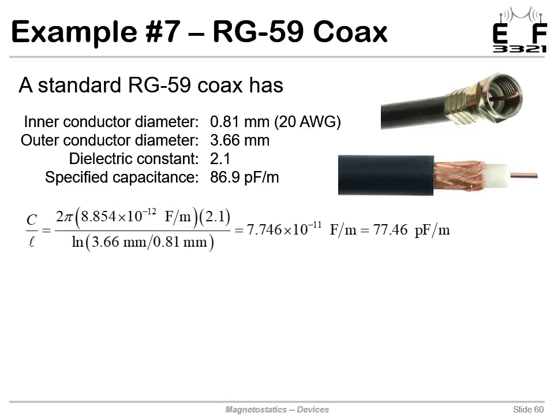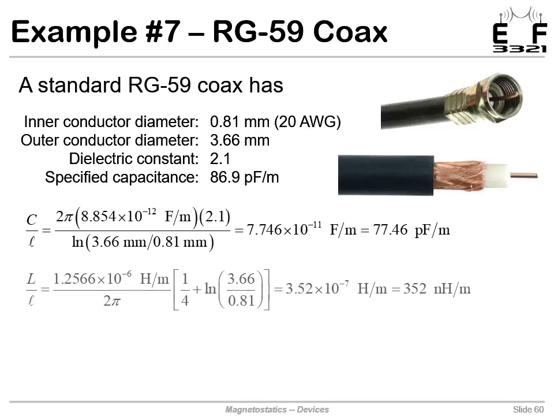So if we use our expression for distributed capacitance and throw in the numbers we have, we get 77.46 picofarads per meter. That's a little bit lower than the specified capacitance, but we made some approximations to get there. We then throw in the numbers to get the distributed inductance, and we arrive at 352 nanohenries per meter.